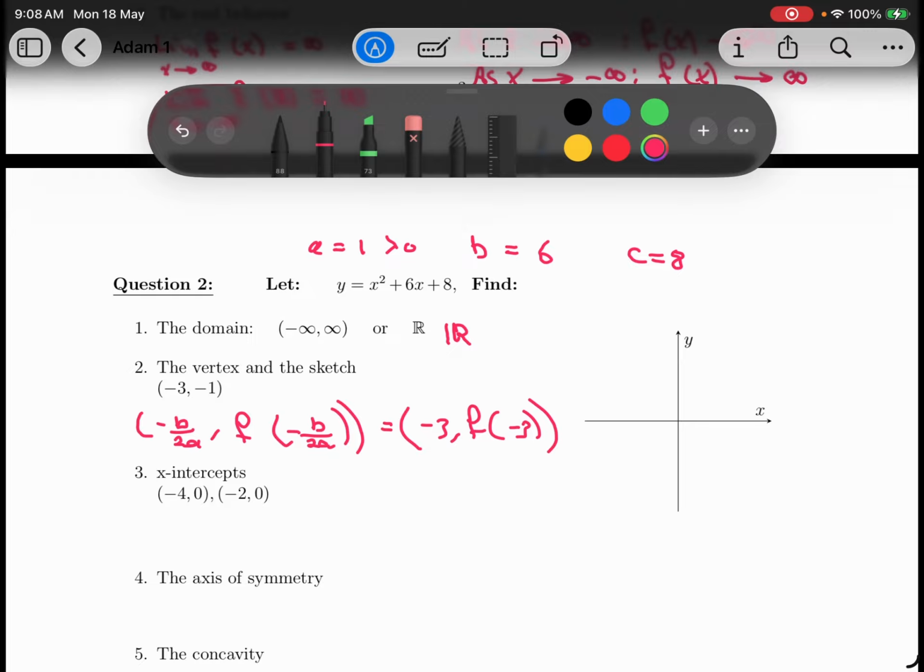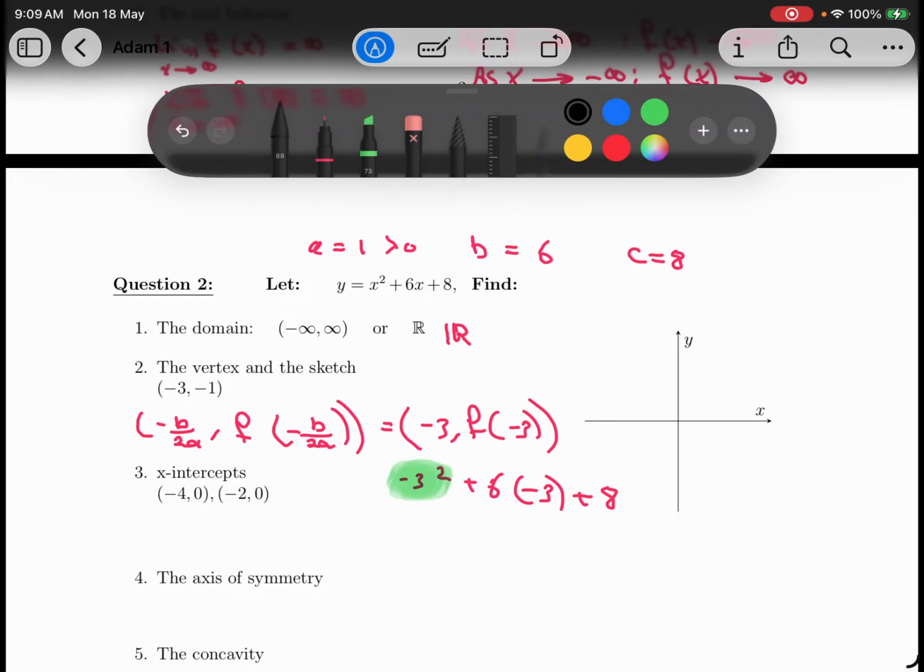So I will write it here. y or f, it's fine. It's x squared, it means (-3) squared plus 6 times (-3), then plus 8. What I can do here, I can guarantee you guys, this is massively incorrect if written without parentheses. Do you know where the incorrect part is? This is where the majority of students make mistakes. I mean minus 3 squared, so the squared applies to both the 3 and the minus as well.